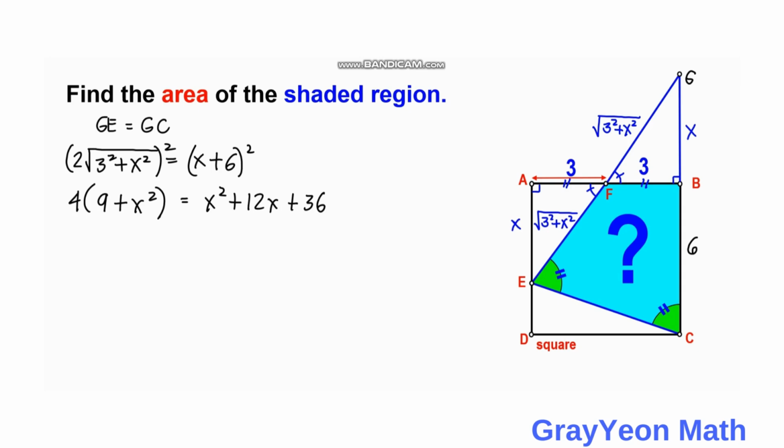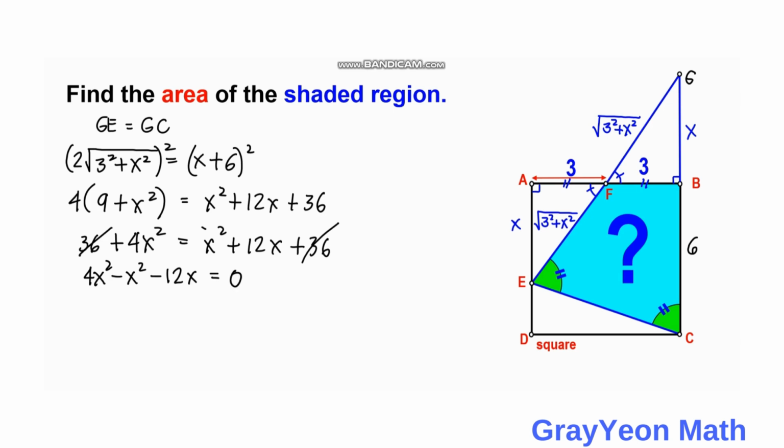So this becomes 36 plus 4x squared is equal to x squared plus 12x plus 36. So we can cancel this 36 on both sides, and we can put this x squared to the left-hand side. So this becomes 4x squared minus x squared. And this positive 12x to the left, so negative 12x equals 0.